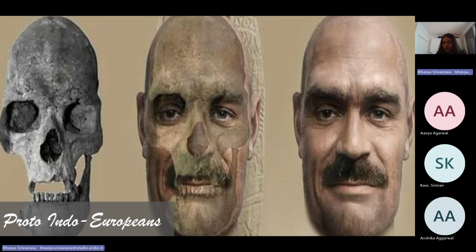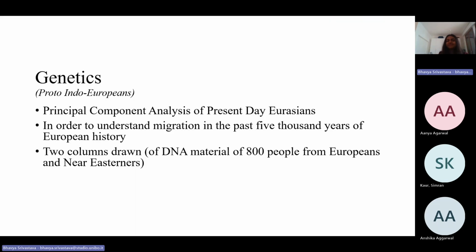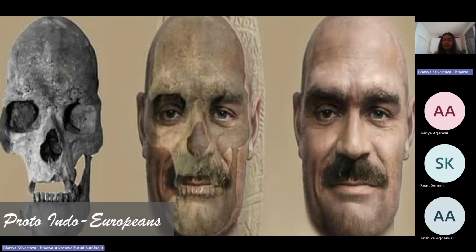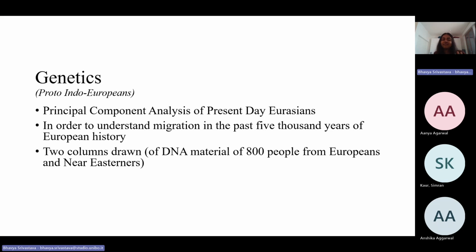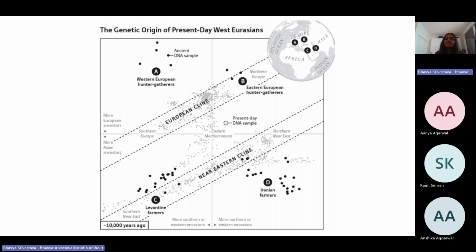The Proto-Indo-Europeans. So who were they? When the DNA of present-day Eurasians, so people from Europe and Asia, was taken up and put on a Cartesian plane, which is what your graph is, the researchers found that there was a European cline and then there was a Near Eastern cline.